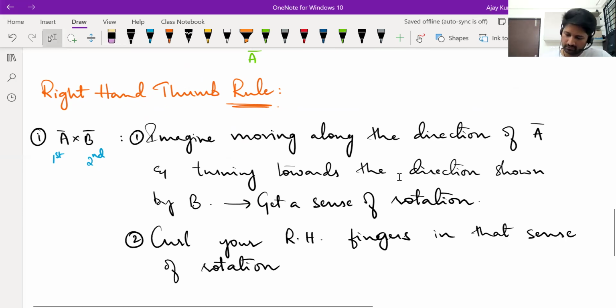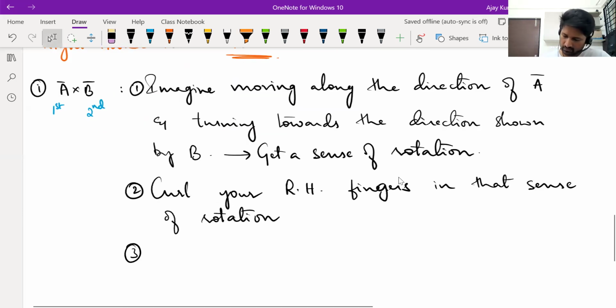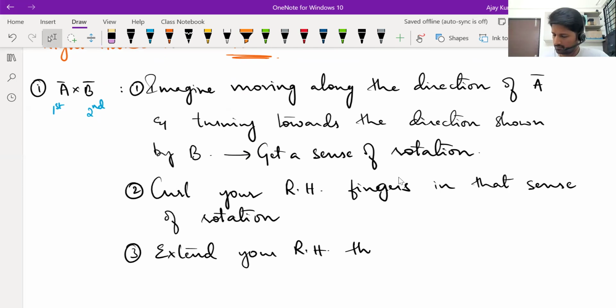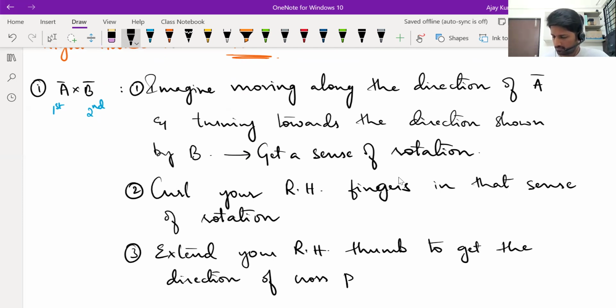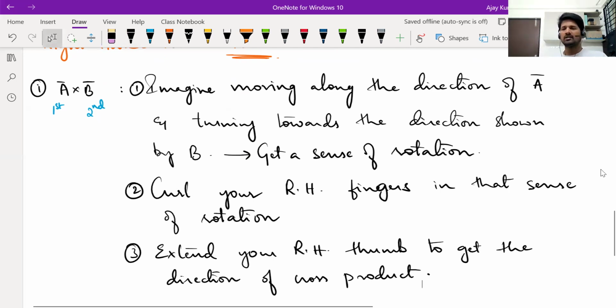And after that, extend your right hand thumb to get the direction of the cross product. These are the steps to follow to determine the direction of the cross product of two vectors.